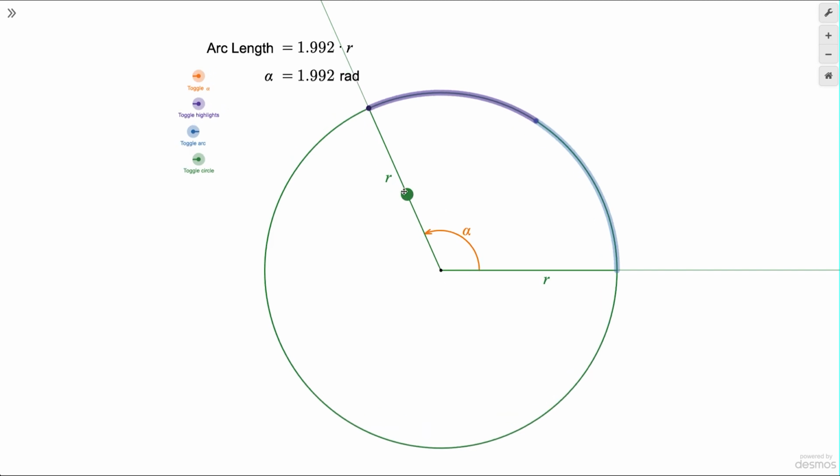The other thing is, when we are measuring angles, we sometimes want to talk about a direction of turn. Here this angle has a direction to it, where it starts on this horizontal line and then turns in the counterclockwise direction. That is how we measure a positive angle.